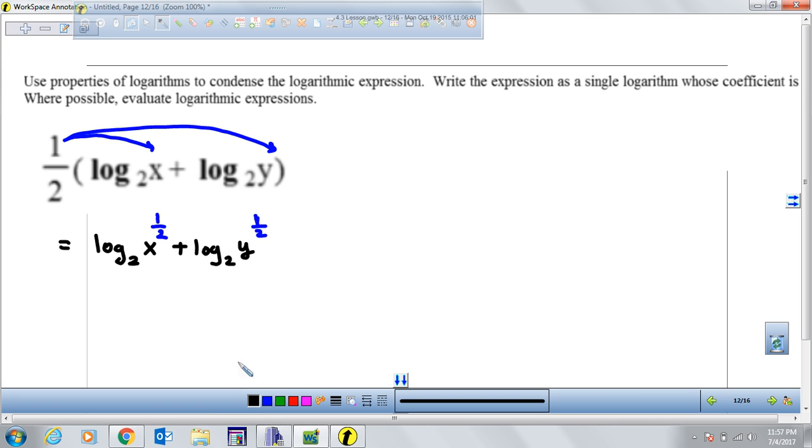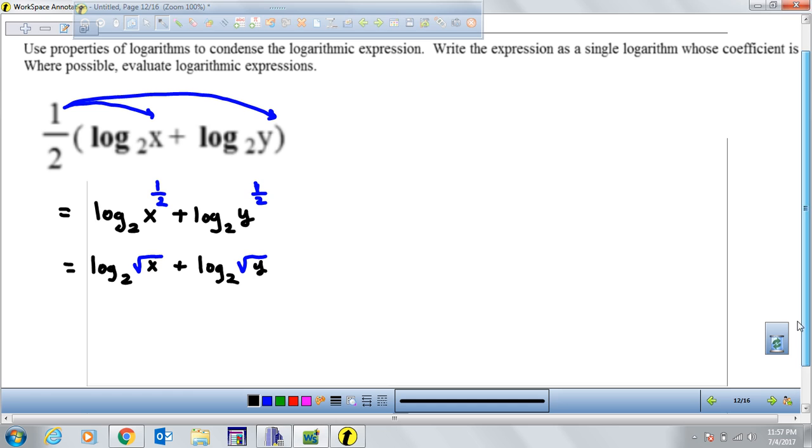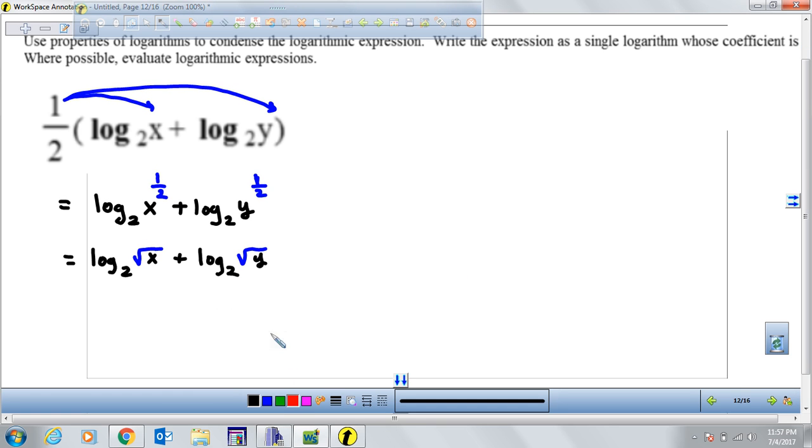But let's remember something. What does the power of 1/2 basically mean? It means the square root of x, plus log base 2 of y to the 1/2 means the square root of y. What is the last thing we can do? Since there is an addition of two logs, we can combine them using multiplication. That's the product rule.